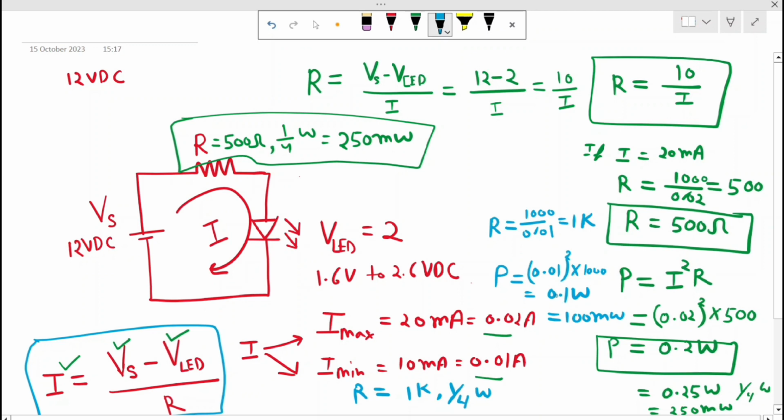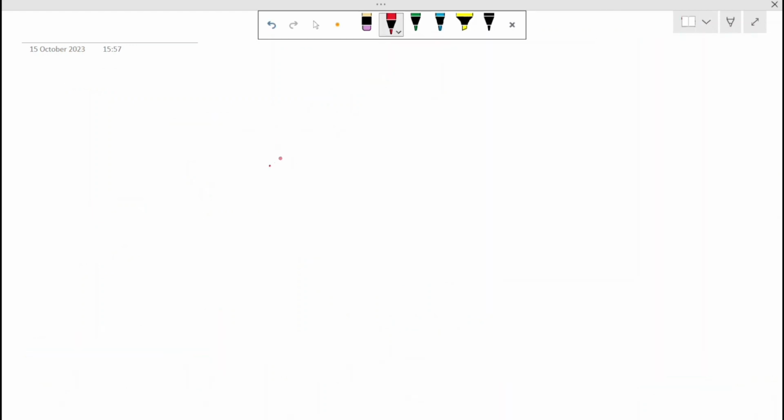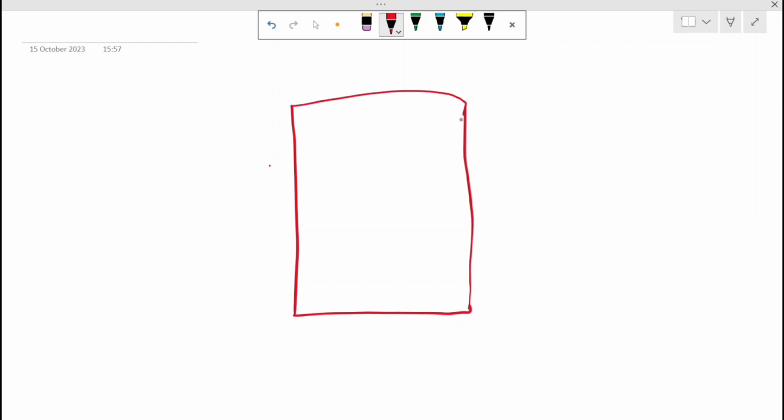Now I will explain about optocoupler related things. If you see any optocoupler, what is there inside the optocoupler? I will draw one IC. So this is the optocoupler IC.